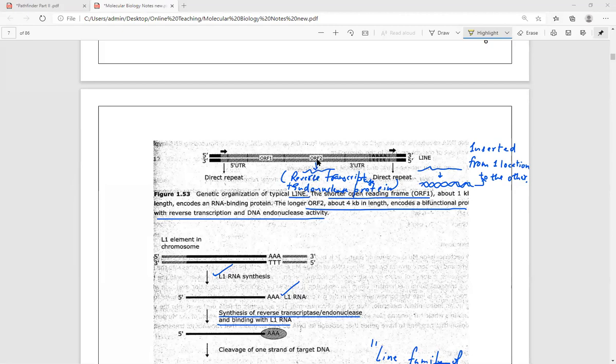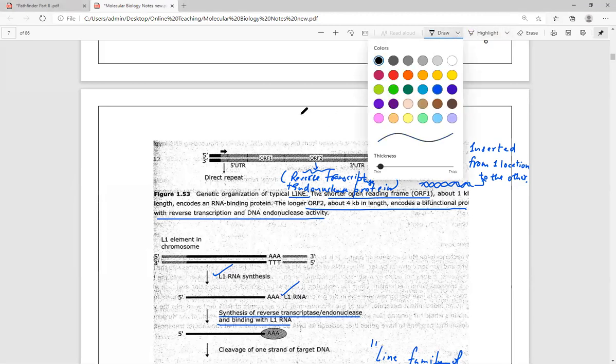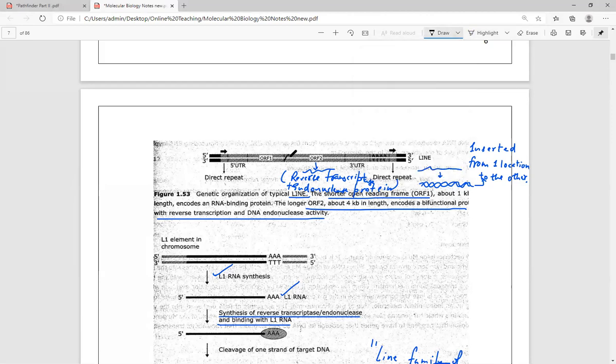So this DNA will get converted into the RNA molecule. This is the DNA molecule, and this DNA molecule will get transformed into the RNA molecule. ये DNA था, and this DNA has been transcribed into an RNA molecule. This RNA molecule will form a protein, which will act as a reverse transcriptase as well as an endonuclease.